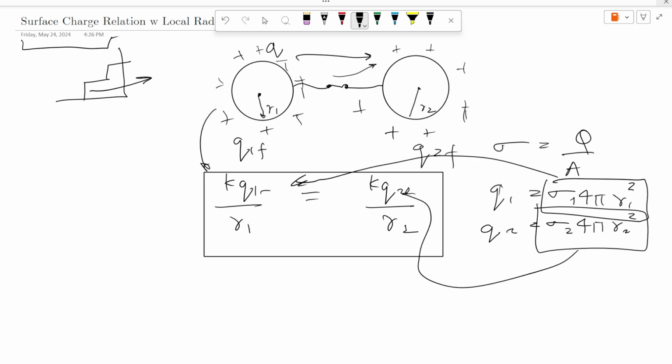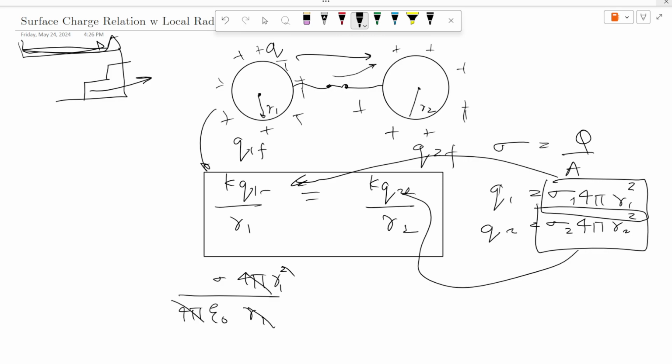Because we needed the expression in terms of surface charge distribution, what we get now is 1 by 4 pi epsilon naught times 4 pi r1 square upon r1.